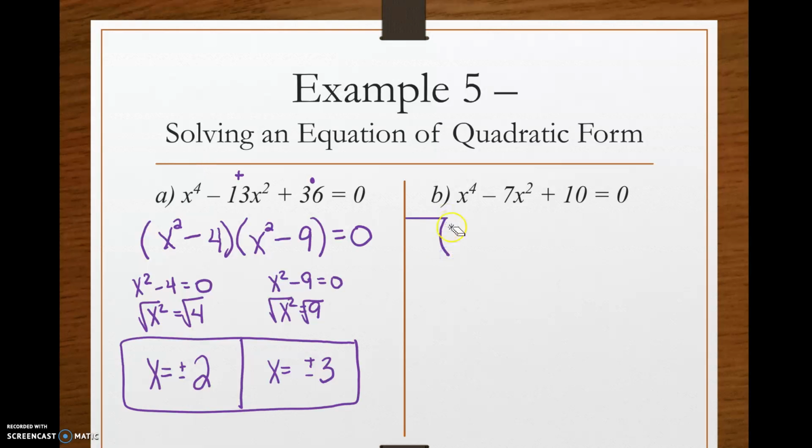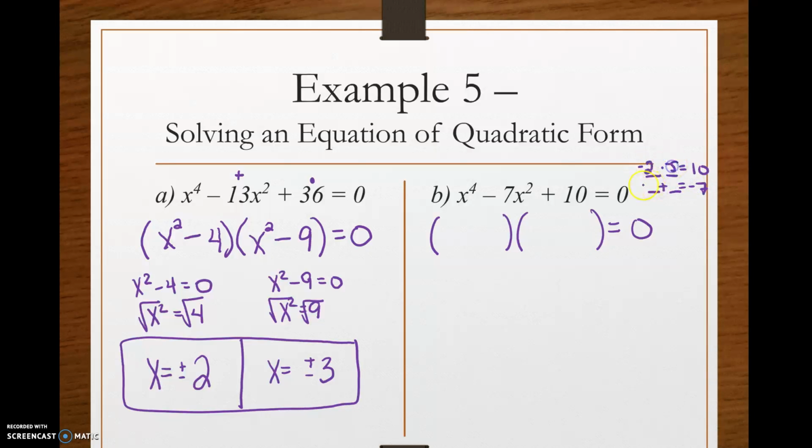Start by factoring. And if you're watching the video, please pause the video so that you can try this on your own and then play it once you get stuck or once you're done and you want to check your answers. If you need to for the factoring, you absolutely can draw out the blanks. We're looking for 2 numbers that multiply to give us 10 and add up to -7.